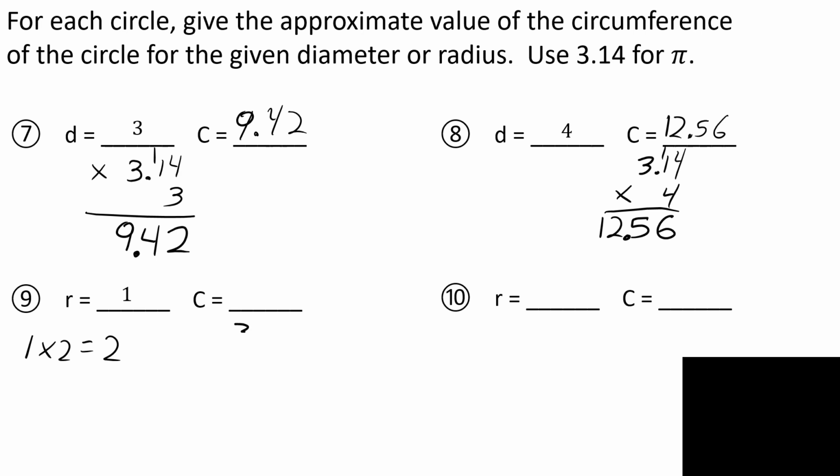And so now I can do pi times 2. 2 times 4 is 8. 2 times 1 is 2. 2 times 3 is 6. 2 digits behind the decimal. Poof, there we are, 6.28.